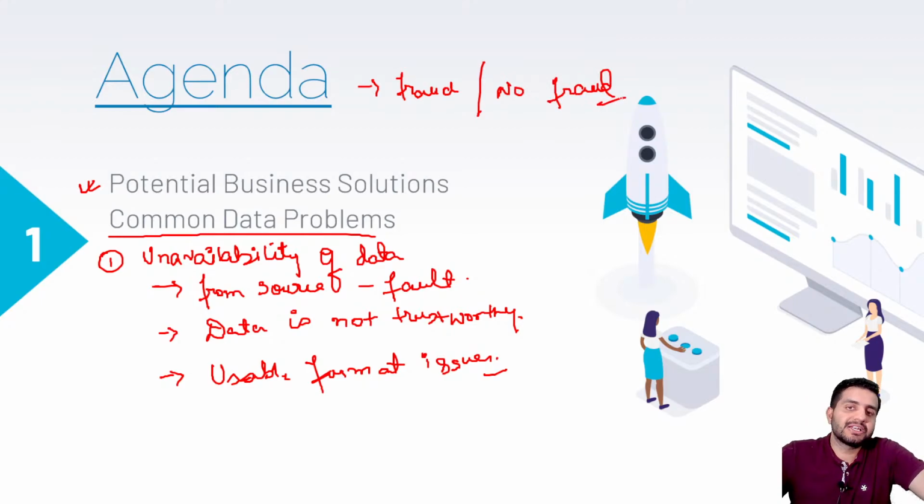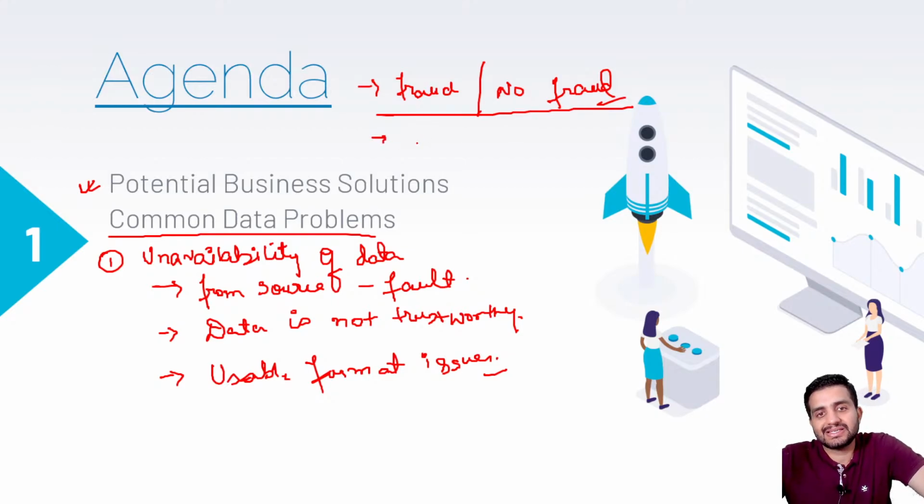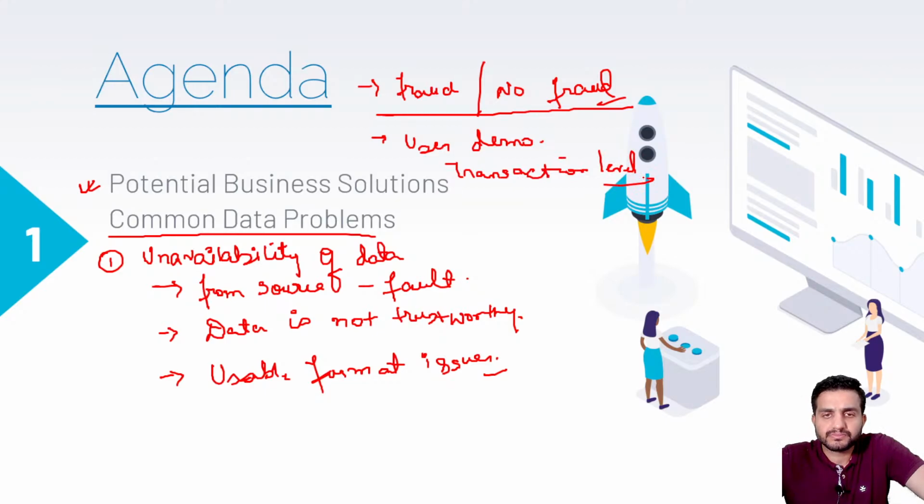In this problem statement, suppose from the data perspective, theoretically what makes sense is maybe user demographics, transaction level information, and whatnot.